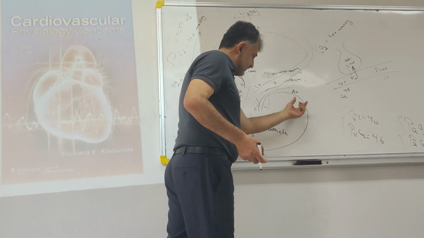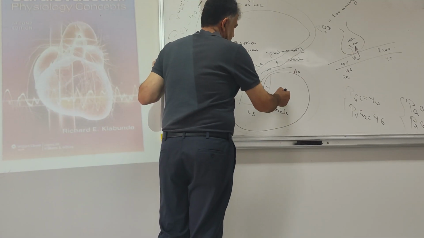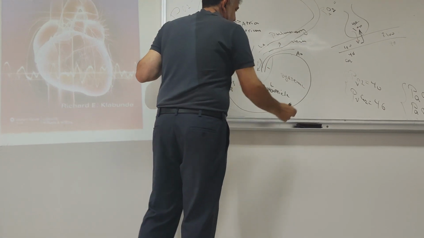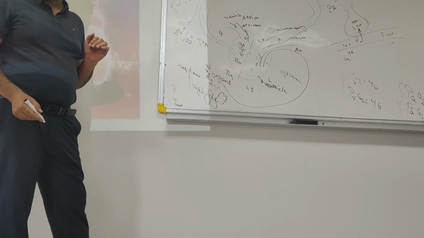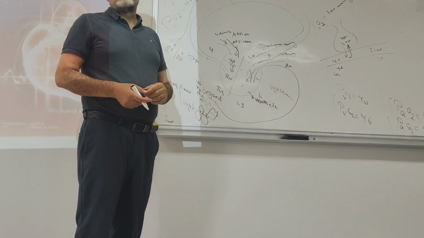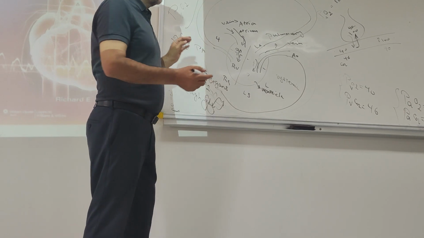This part of the circulation we call systemic circulation, and this part of the circulation we call pulmonary circulation.